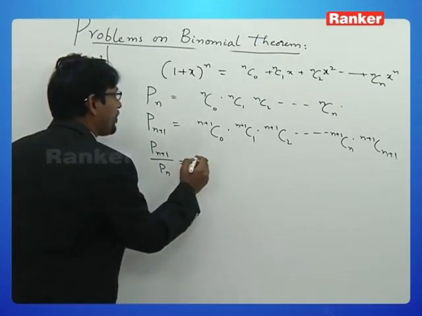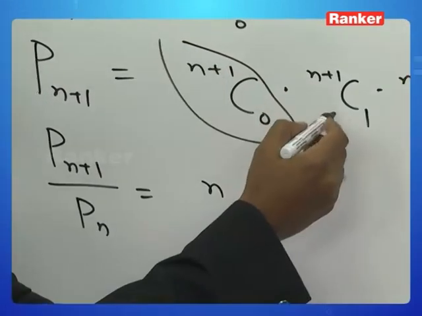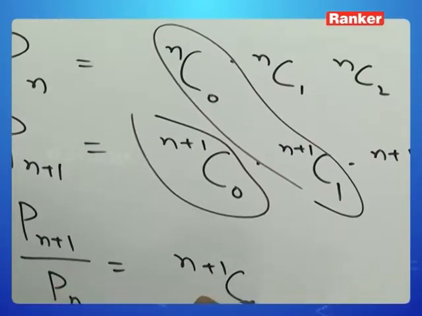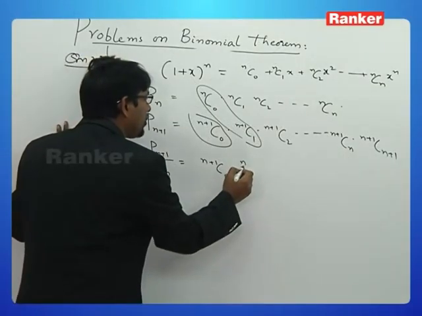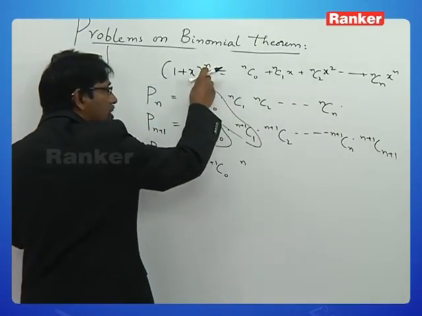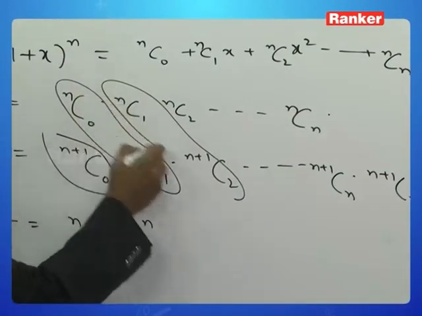What we do is we will separate out this term and write the quotient of this. That is (n+1)C0, we will write it separately, and we will now shift the entire thing: (n+1)C1 by nC0, (n+1)C2 by nC1. We will keep clubbing like this.